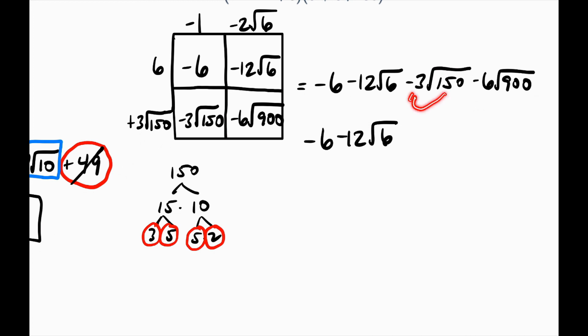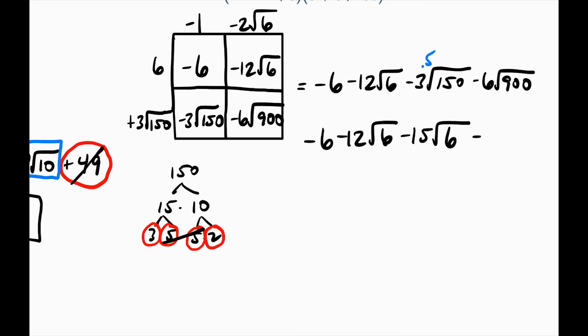The 5, and it's going to multiply with this negative 3, to make a negative 15. What stays on the inside? 2 times 3, they multiply to be 6.